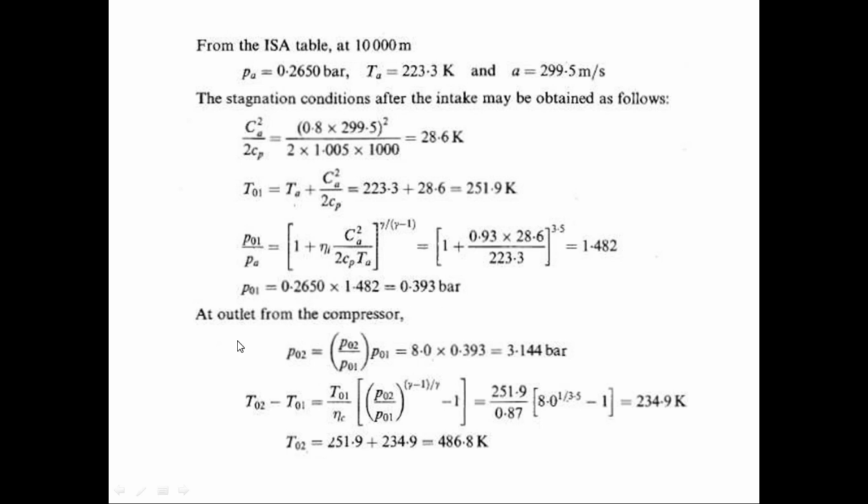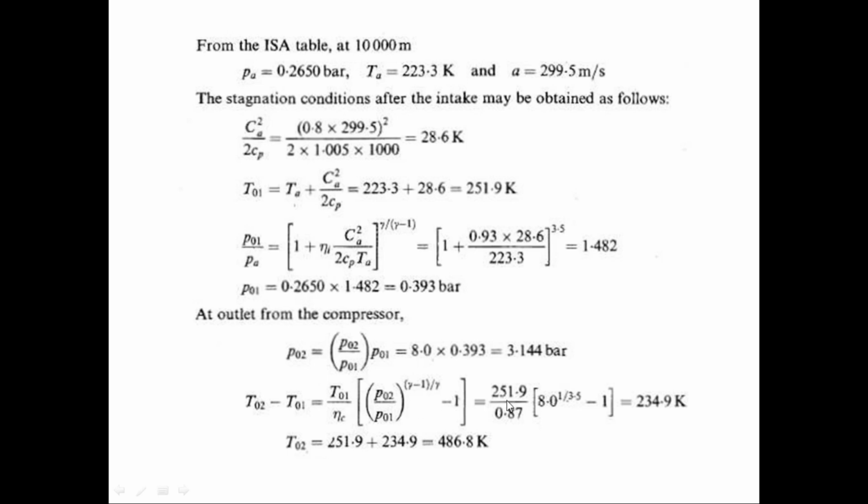At the outlet of the compressor, P02 is equal to P02 by P01 times P01. The pressure ratio given is 8, and P01 is already known, 0.393 bar, so P02 becomes 3.144 bar. T02 minus T01 is equal to T01 divided by the compressor efficiency, times the pressure ratio raised to the power gamma minus 1 by gamma, minus 1.